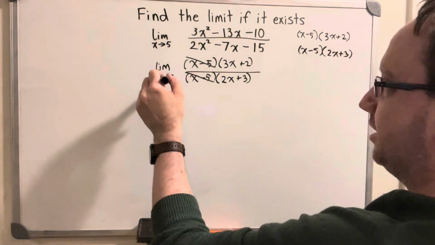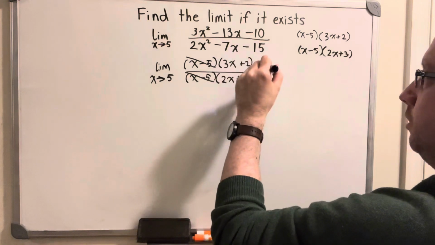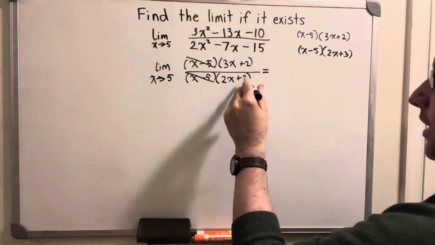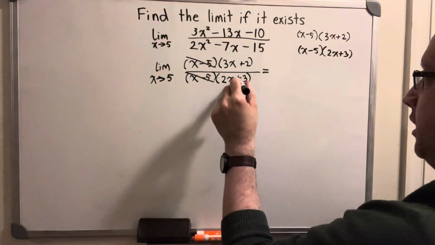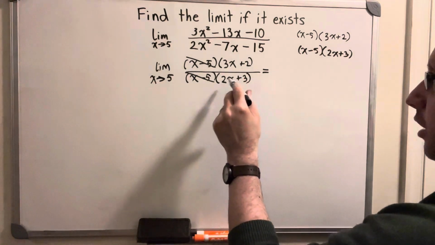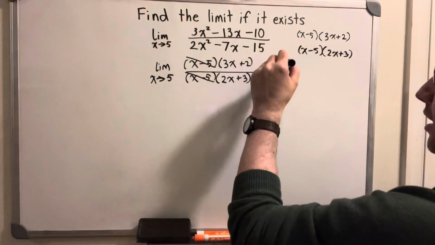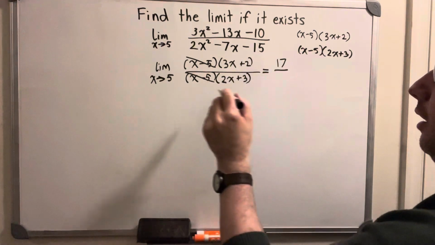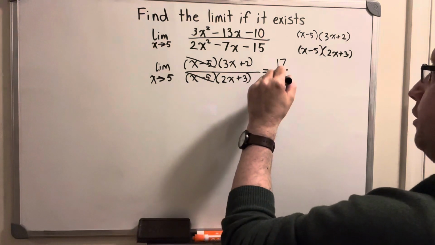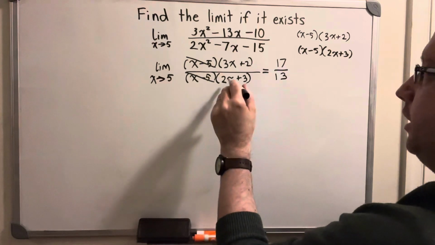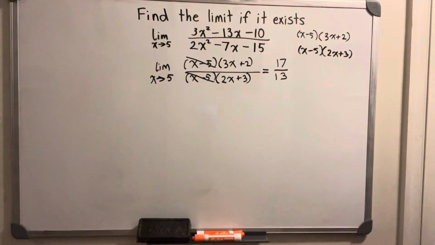So this is the limit as x approaches 5 of 3x plus 2 over 2x plus 3. And as we can see, making x equal to 5 does not cause a problem anymore. So we can just plug it in. 3 times 5 is 15, plus 2 is 17. 2 times 5 is 10, plus 3 is 13. Yes? So the limit in this case is 17/13.